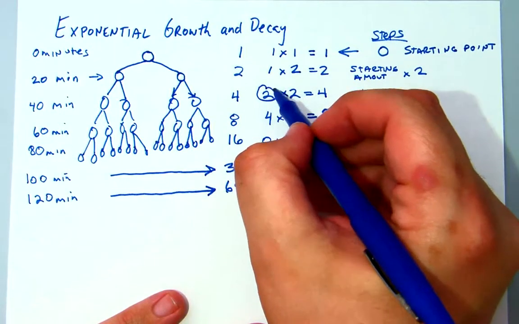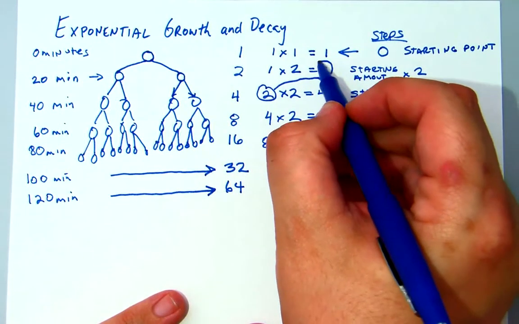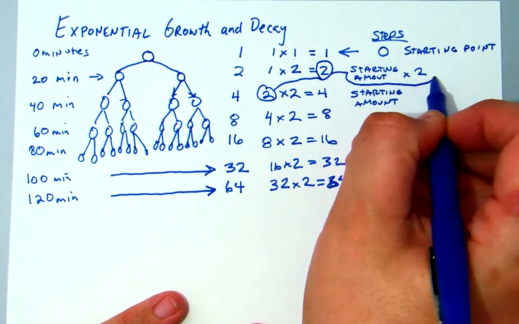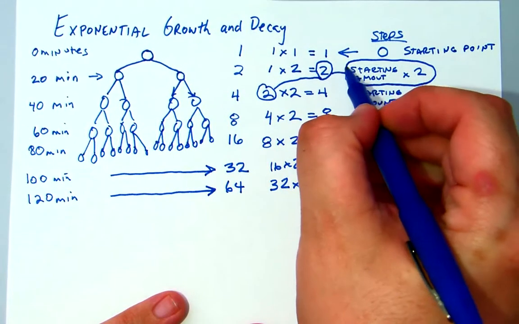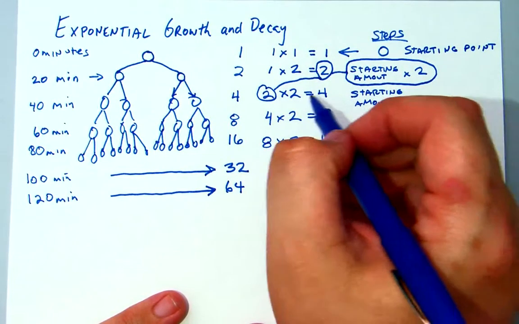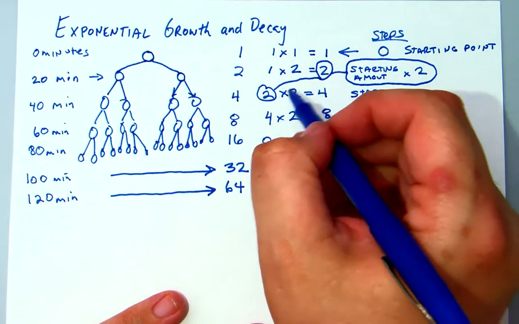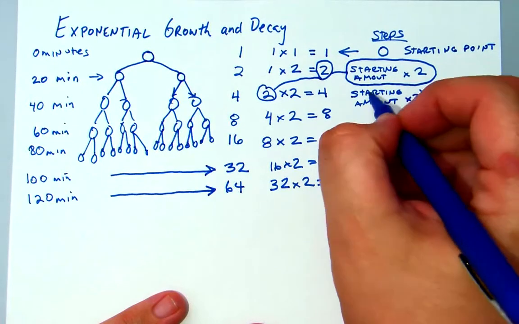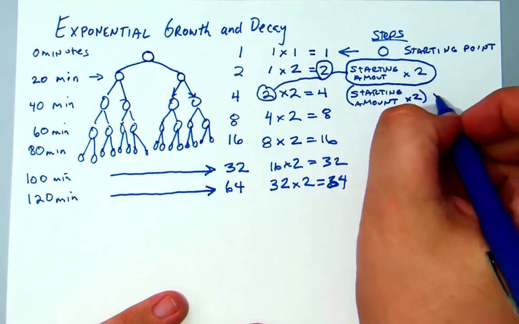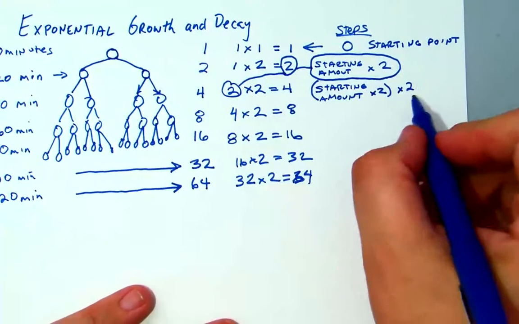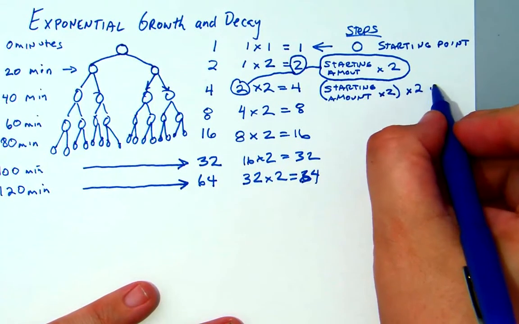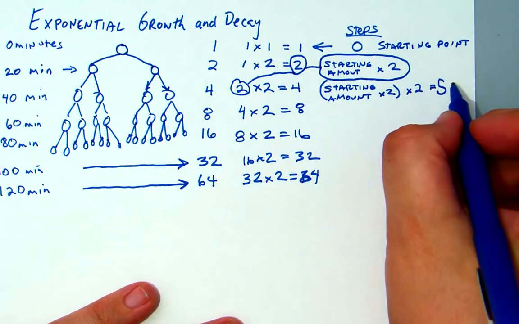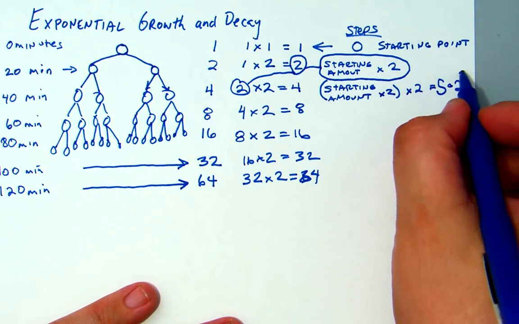Well, this 2 is equal to this 2, which is equal to this starting amount times 2. So what we can do is actually say, this is the starting amount times 2 times another 2. And what we get is the starting amount, which I'll call big capital S right now, times 2 squared.